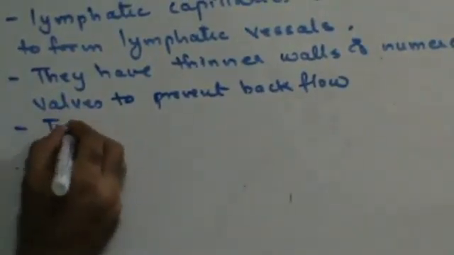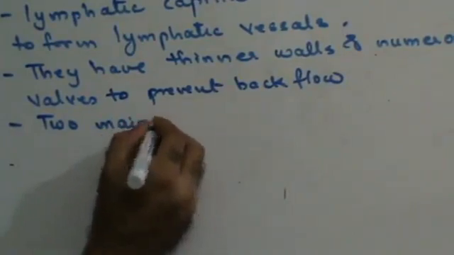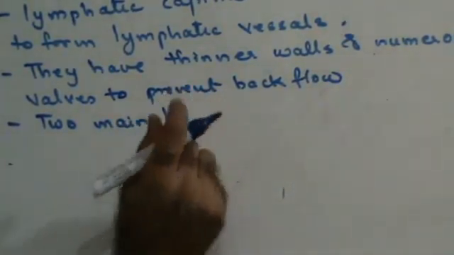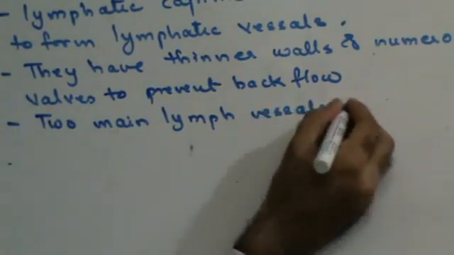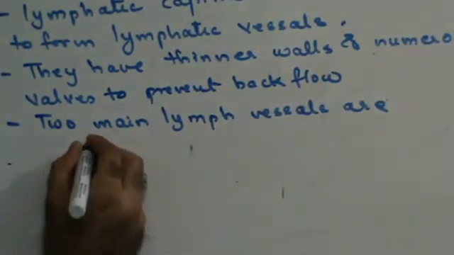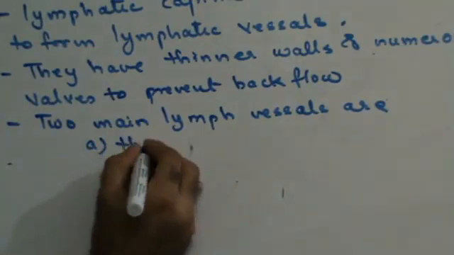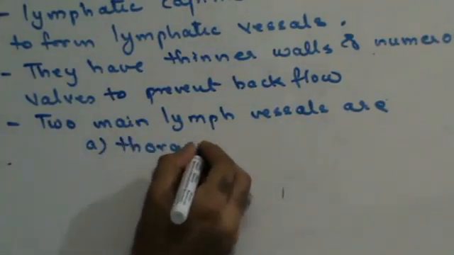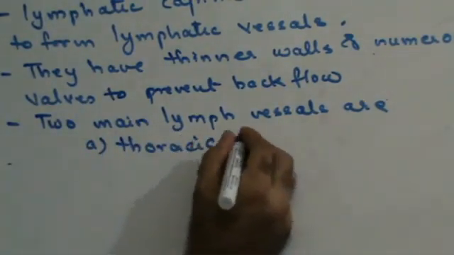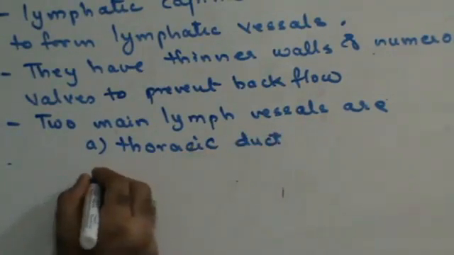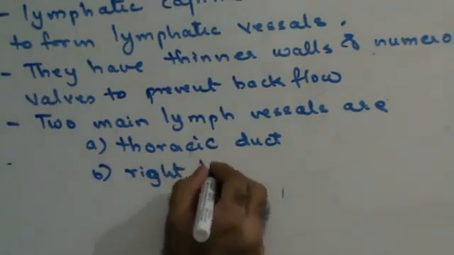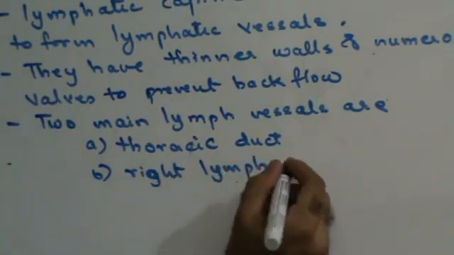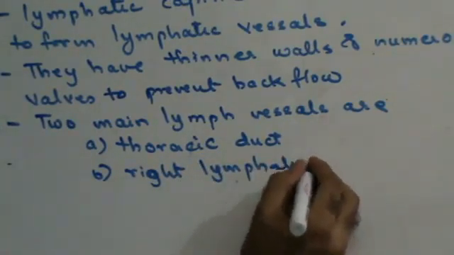There are two types of lymph vessels. One is the thoracic duct and the second is the right lymphatic duct.